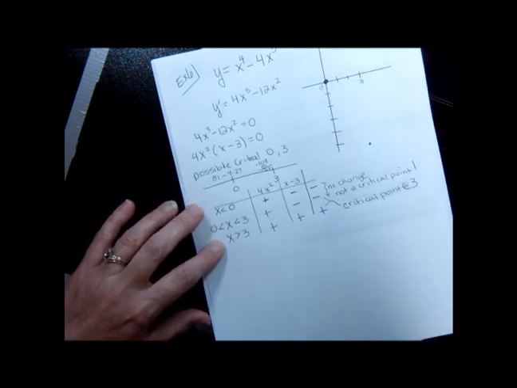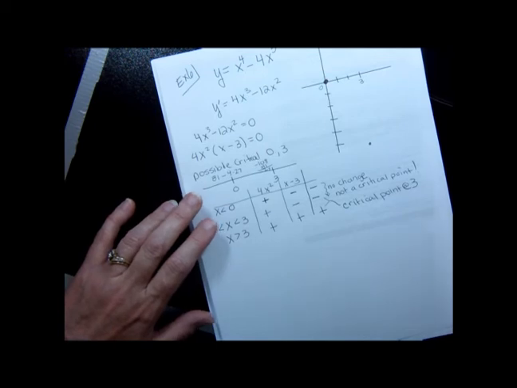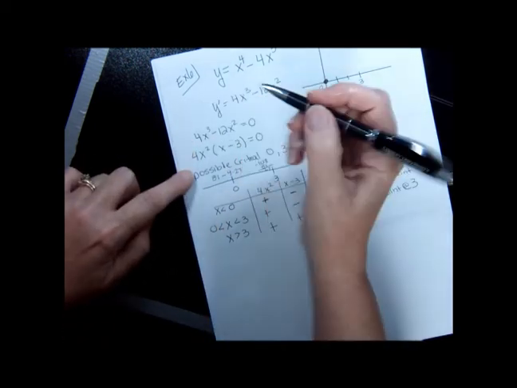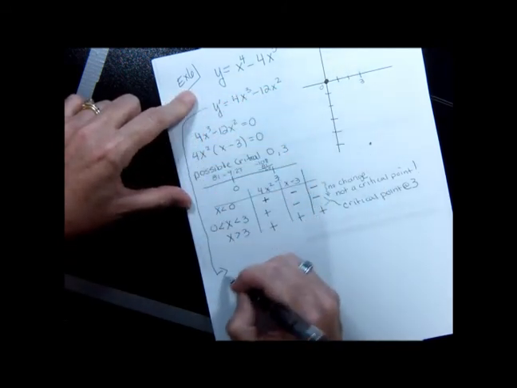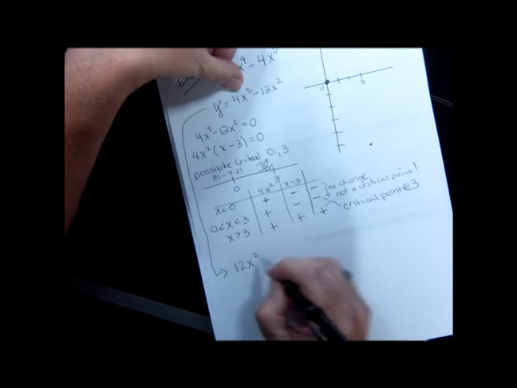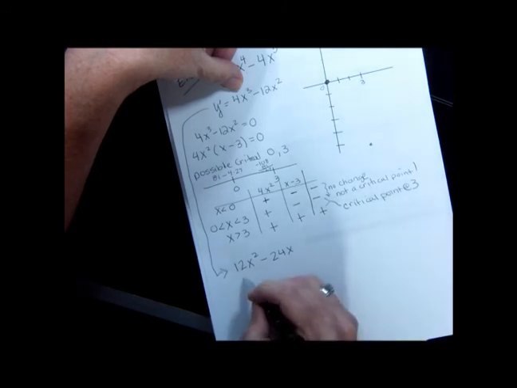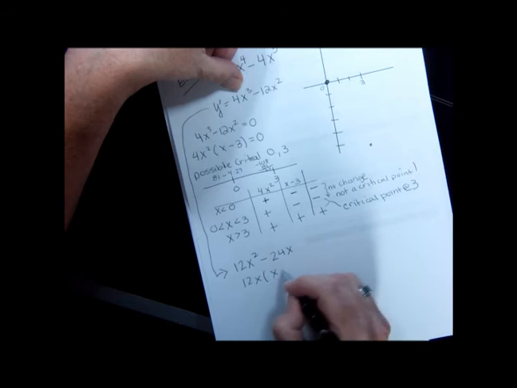Okay? Let's take my second derivative to see if that can tell me anything. So I go back up to here. This was my first derivative. And I'm going to come down here and take my second derivative. So I have 12x squared minus 24x. And then I can factor out a 12x. And I have x minus 2.